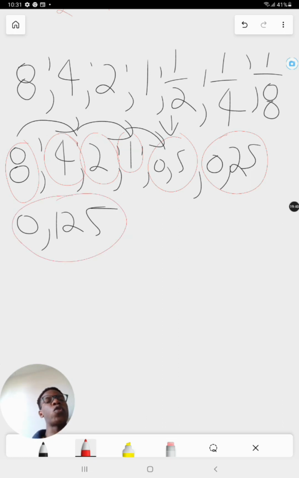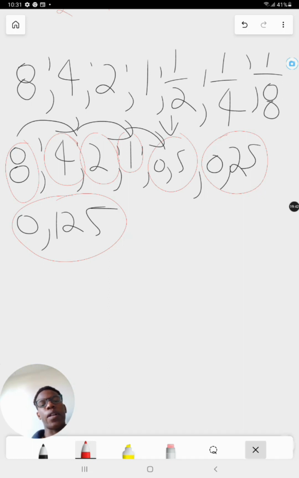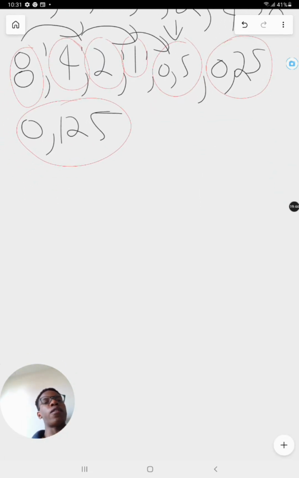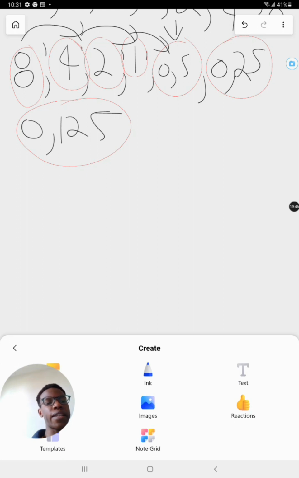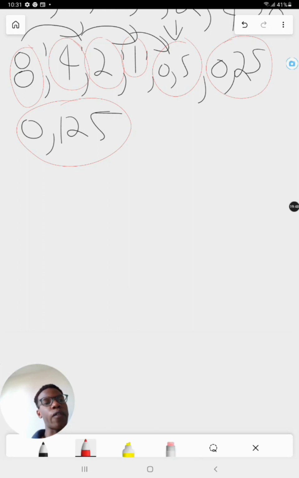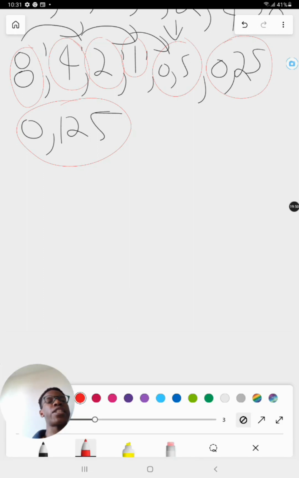Now, what do you notice with these numbers? They're all getting smaller. The magnitude of these numbers is getting smaller each time. But not only that, these numbers are moving towards 0.